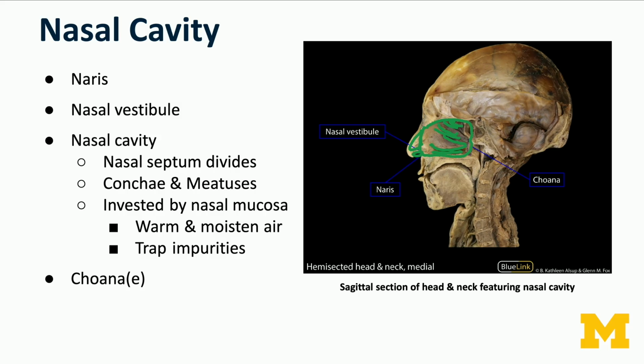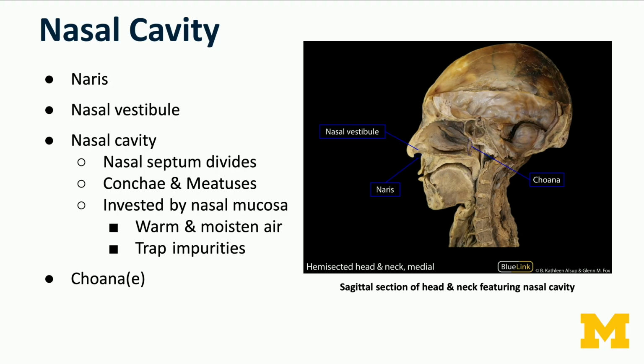And so as you bring air in through your nose, that mucosa has the opportunity to warm the air and to moisten the air and to trap any impurities in the air within it. And then the mucus that's produced by that mucosa can flow, hopefully, out that way, or as you sleep, back that way.